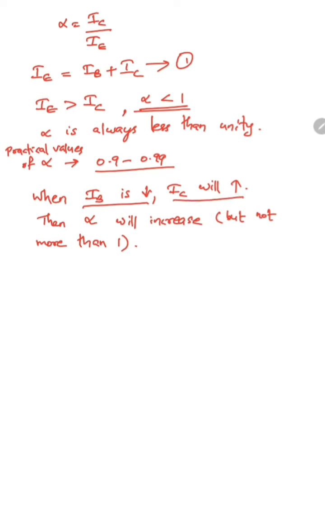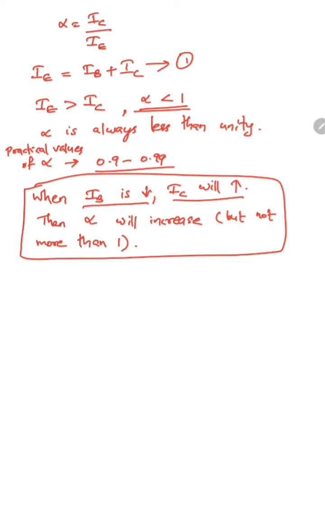If IC increases, alpha will increase. So this is one method of increasing the value of alpha. But take care, note that it will not be more than 1. So this is the case of current amplification factor.